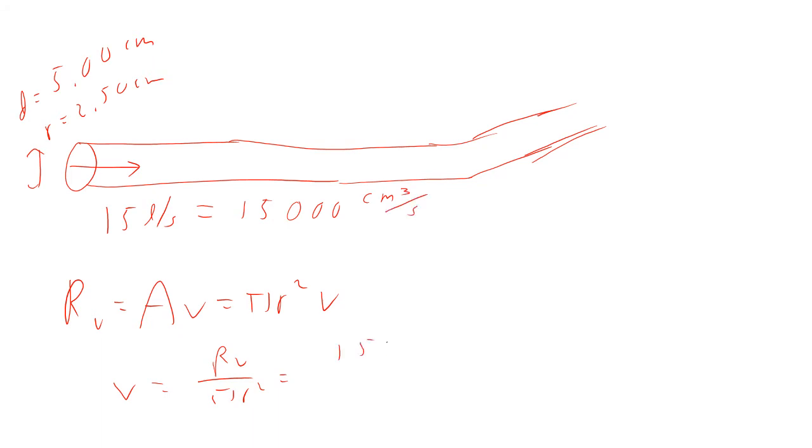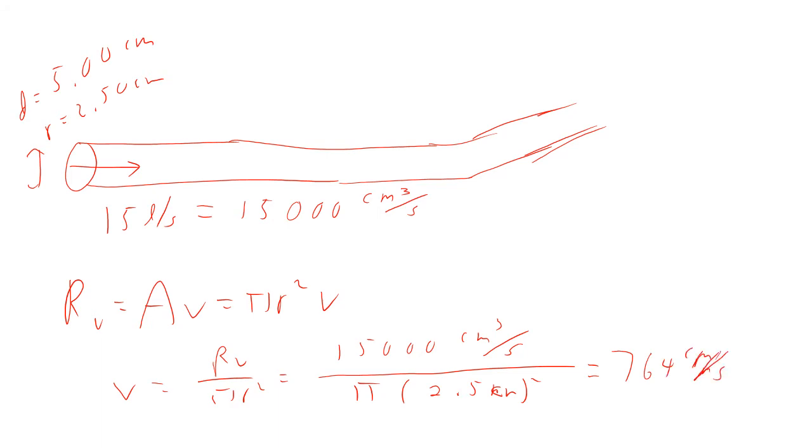So that would be 15,000 cubic centimeters per second divided by pi times 2.5 centimeters squared. That comes out to be 764 centimeters per second, so that's 7.64 meters per second. So we just found out that the water is going in at 7.64 meters per second.